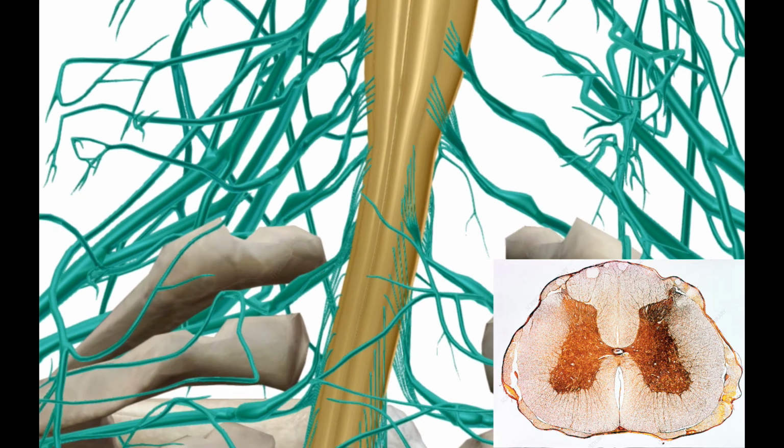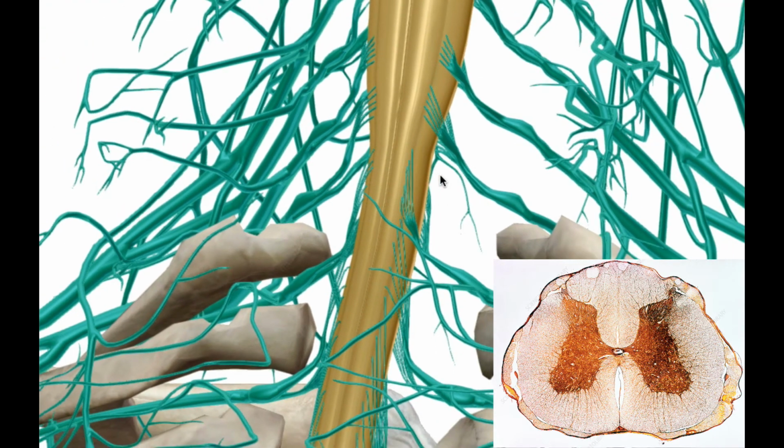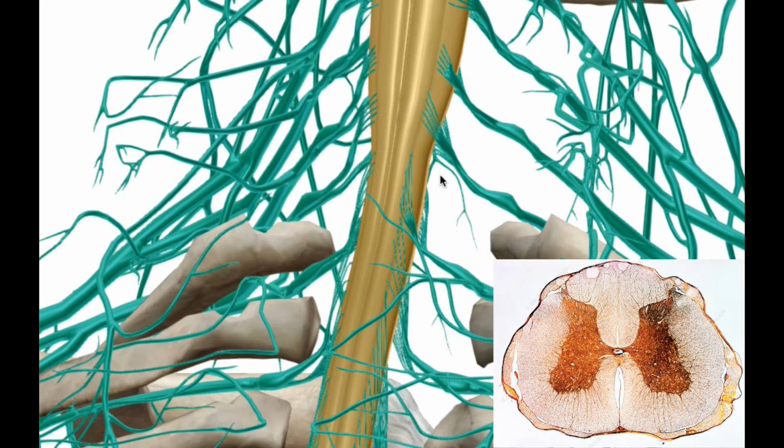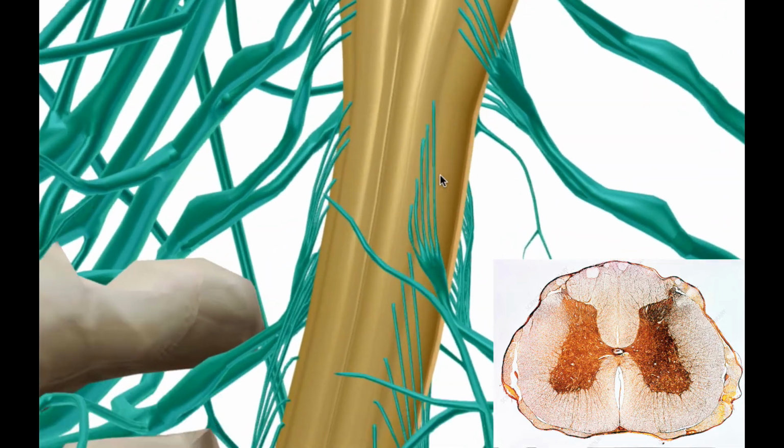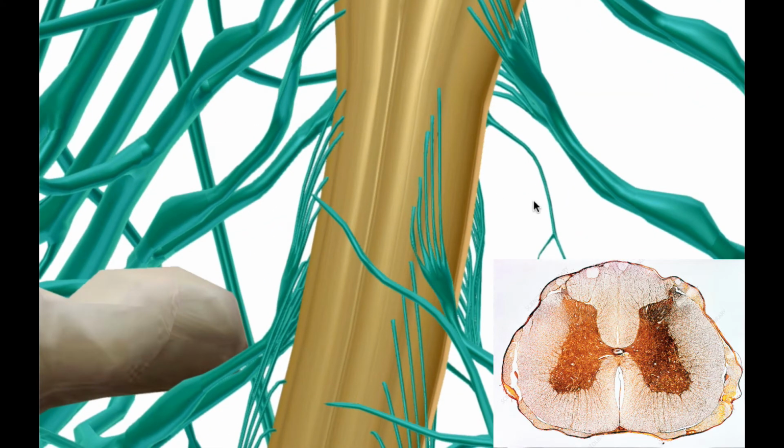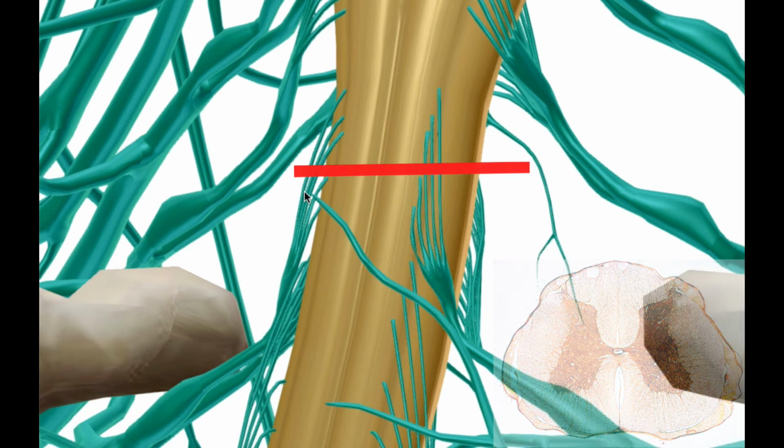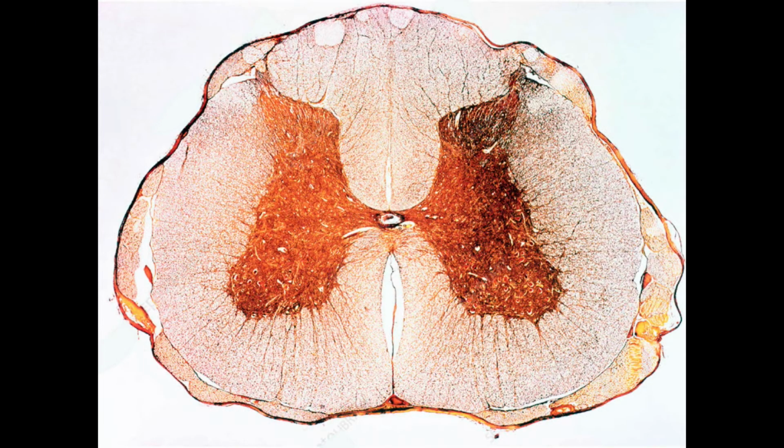Hopefully this gives you a broader perspective of the cross section, and how the nervous system goes from the gray matter and expands out of the spinal cord into the peripheral nervous system. Let's go back to that transverse cut and finish up our cross section for the spinal cord. Something that's not mentioned or not seen here is the lateral horn.